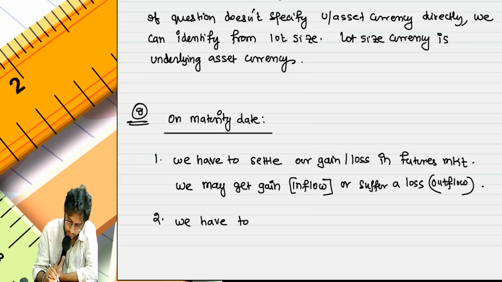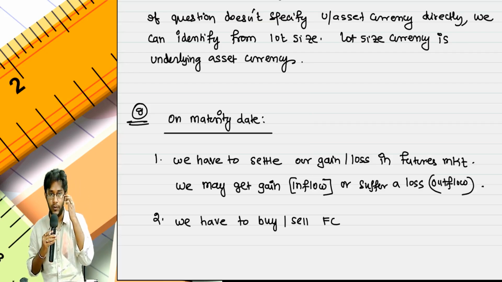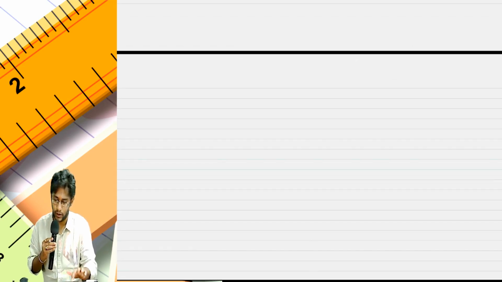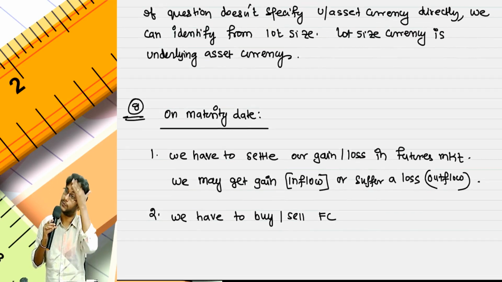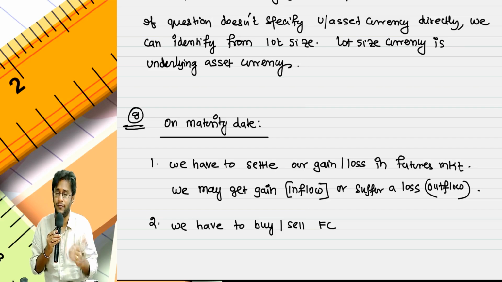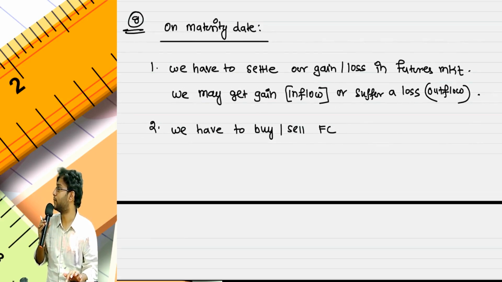We have to buy or sell foreign currency. Why am I saying buy or sell is because I do not know whether you are an importer or an exporter. An exporter has a receivable, so he will sell foreign currency, whatever he receives from the customer.